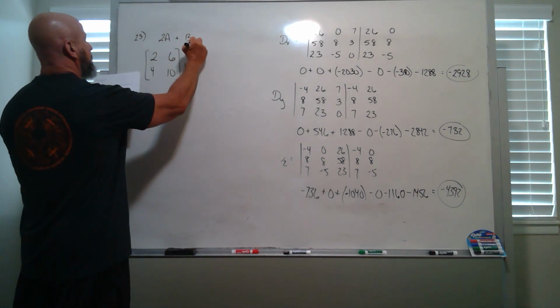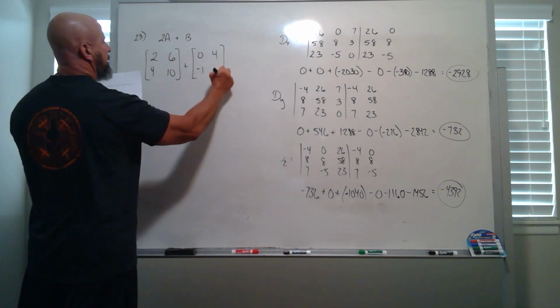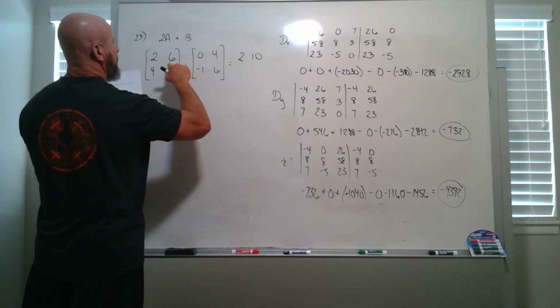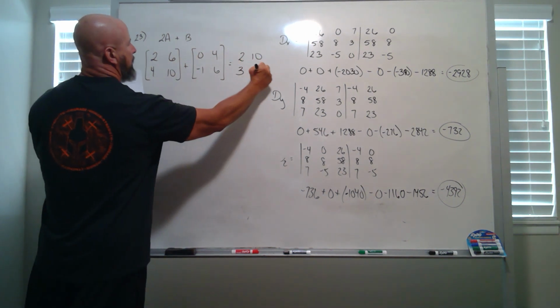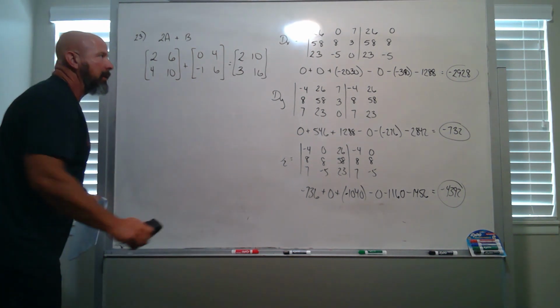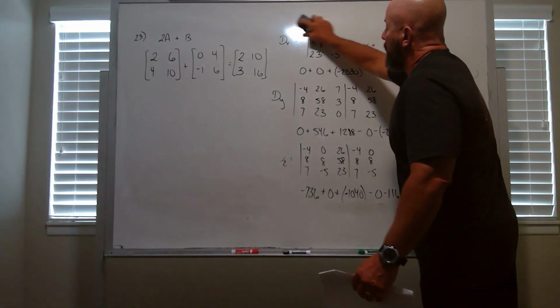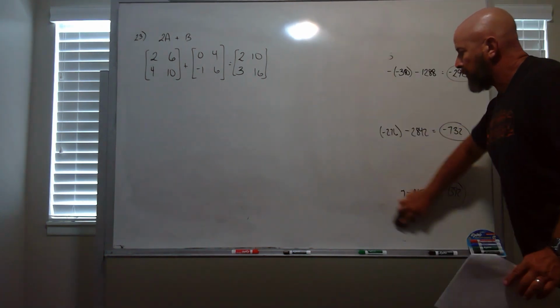And then plus the b matrix, 0, 4, negative 1, 6, would give me 2, 10. 6 and 4 is 10. 4 and negative 1 is 3. And 16. Right? So if I see a scalar, in other words, 2 times a, something being multiplied, I want to multiply first, and then I can add or subtract what I'm asked to do.